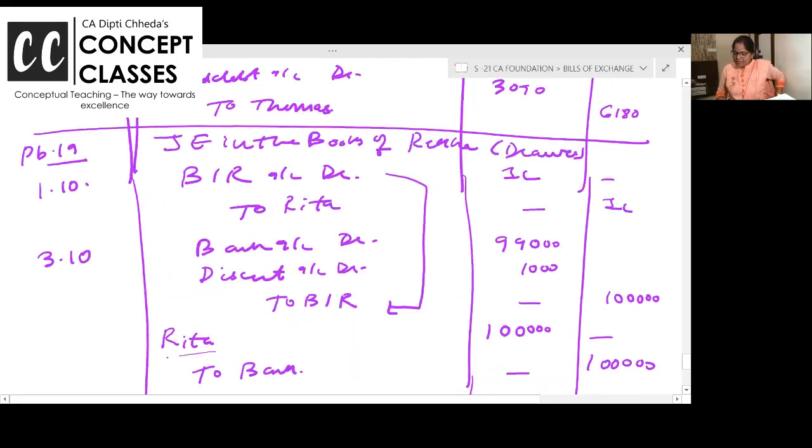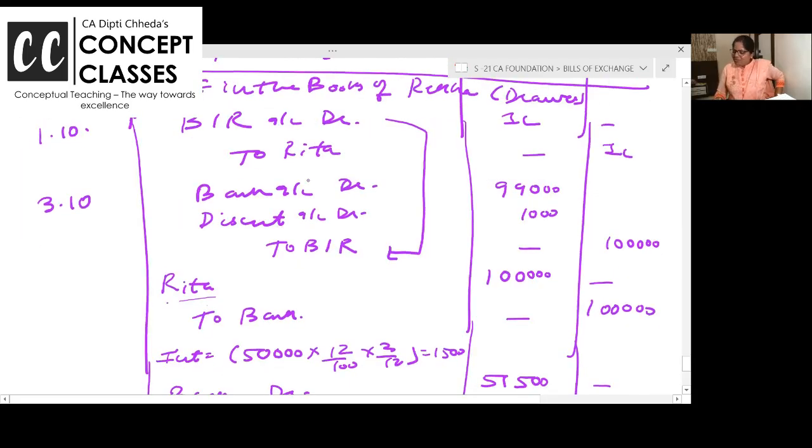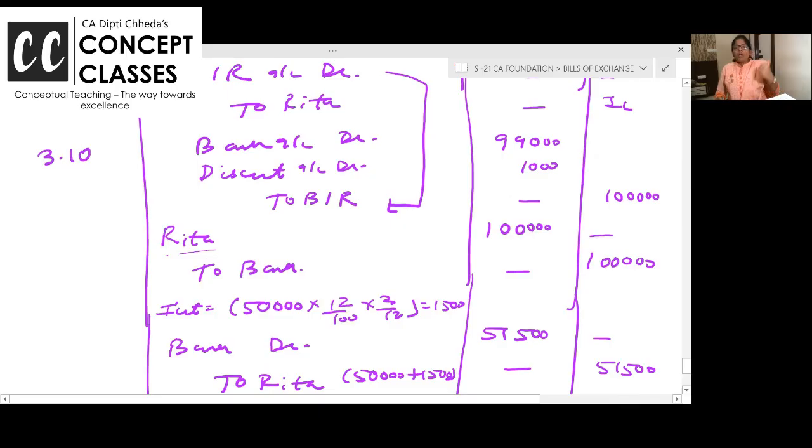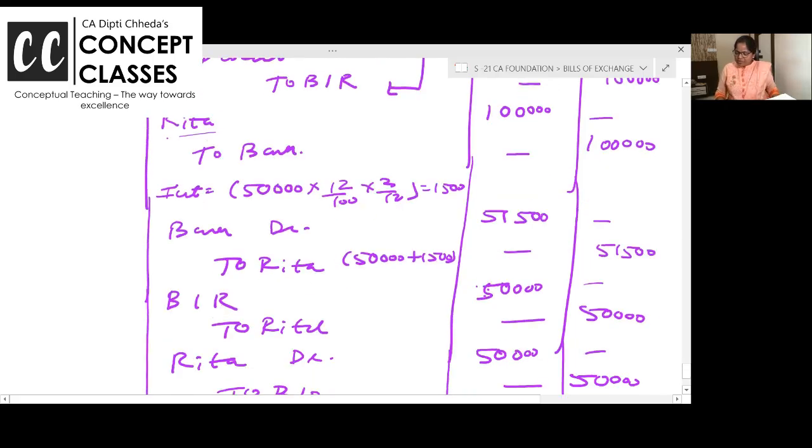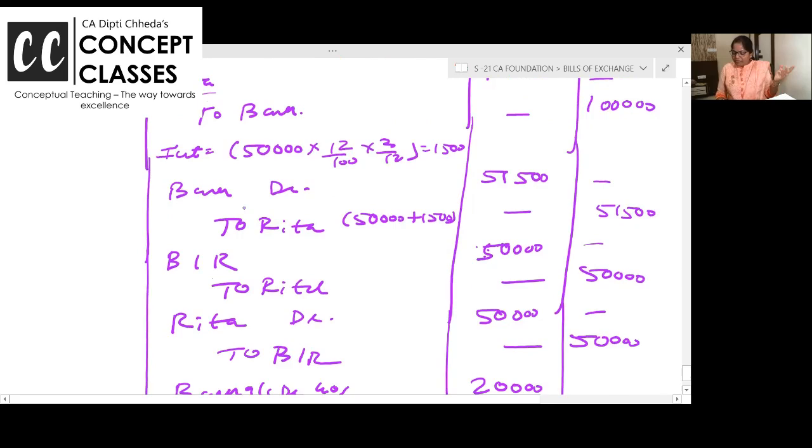We'll say, first a bill is drawn for 1 lakh. That bill we discounted with the bank for 99,000. This bill is dishonored. So I'll take 1 lakh from Rita and pay to the bank. There could be noting charges, which is missing. So Rita paid 50,000 along with interest for the 3 months.